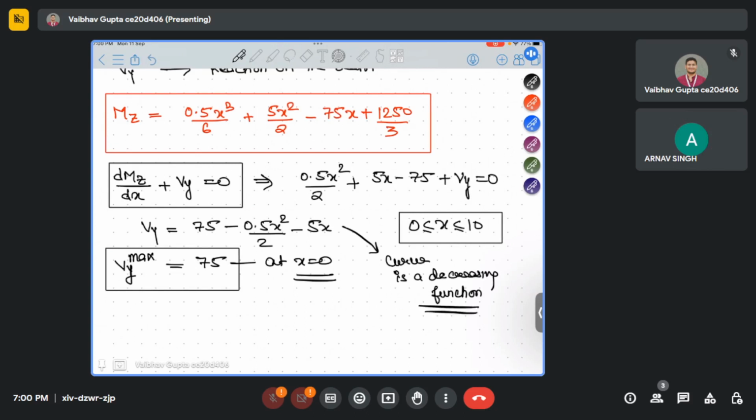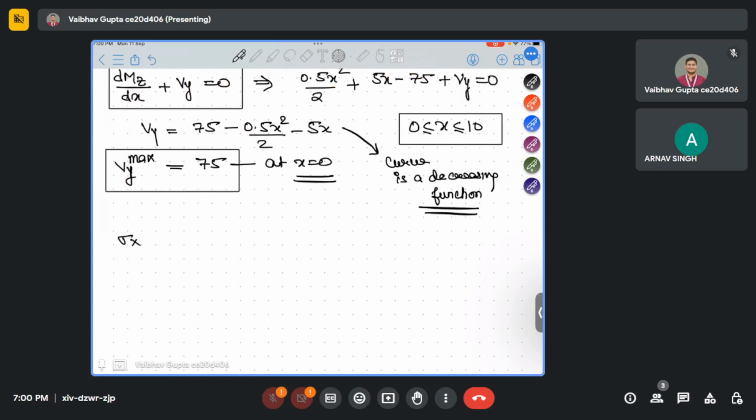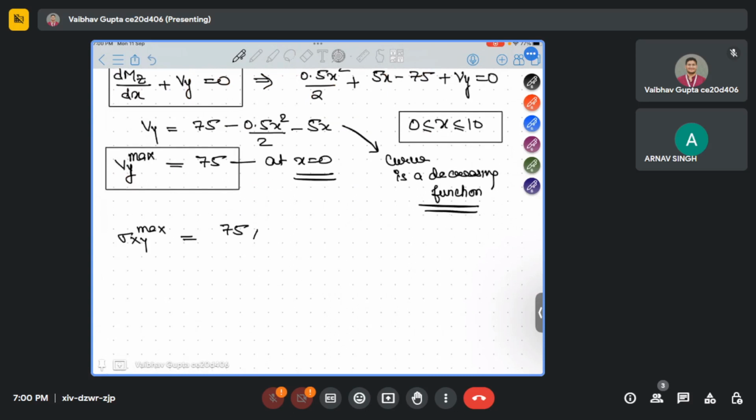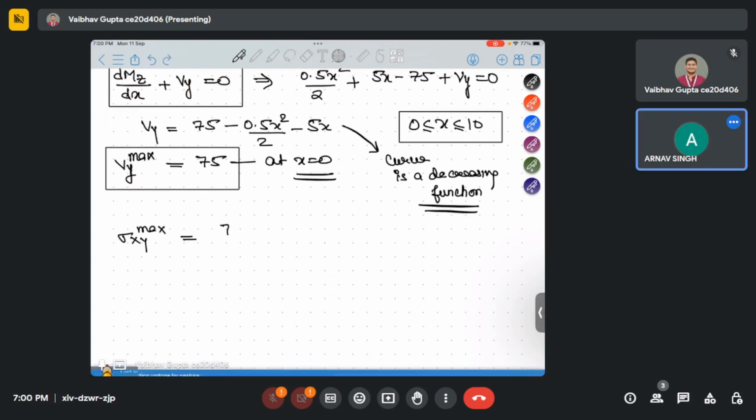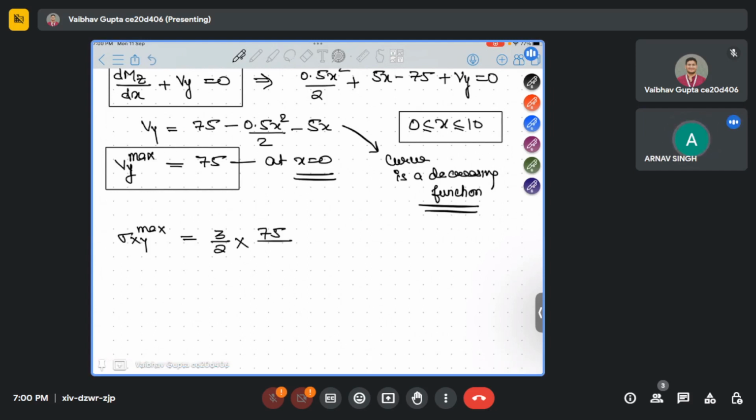So now putting the value of Vy in equation 5, sigma xy max you will get as 3 by 2 into 75 by b, where b is 0.25 meter and h is 0.5 meter. If I solve, we will get 900 kilonewton per meter square. This is nothing but 0.9 MPa.